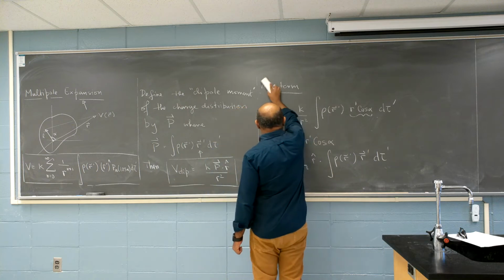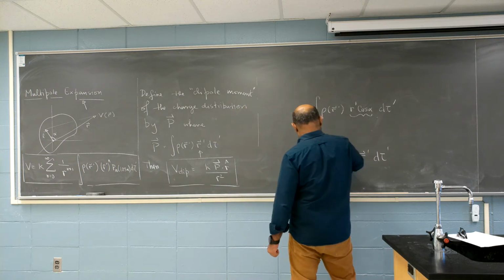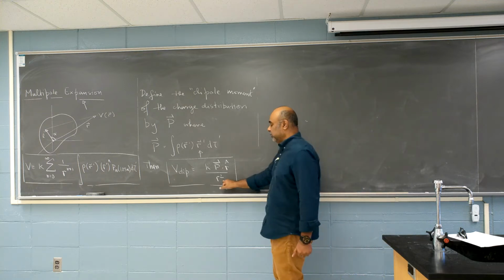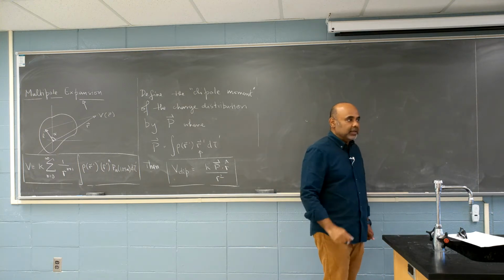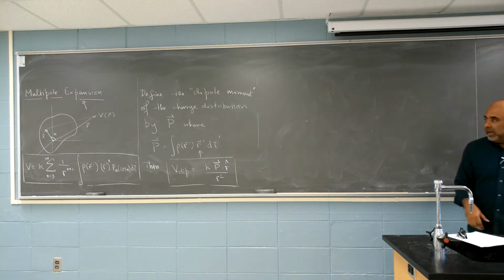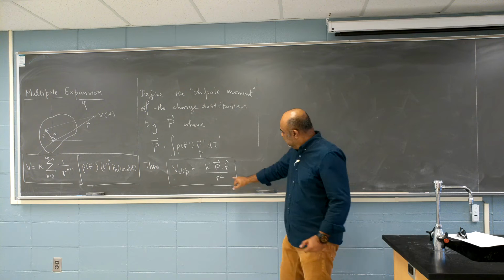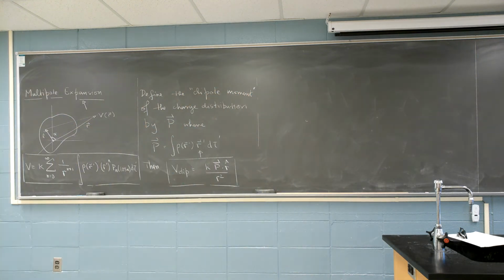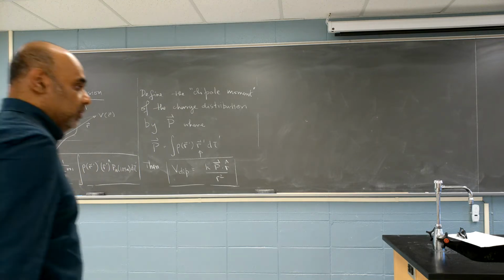So let's see. If you have the potential falling off as 1 over r squared, that's a telltale sign that there is a dipole moment to it. And whatever the dipole moment is, it's this guy. Now we have seen a simple, or perhaps even an ideal dipole.